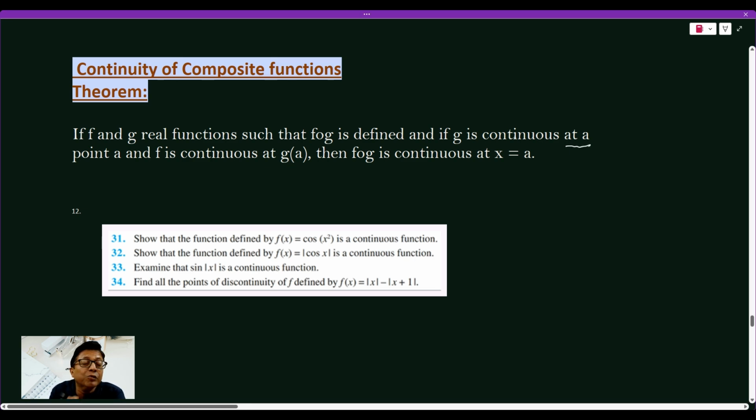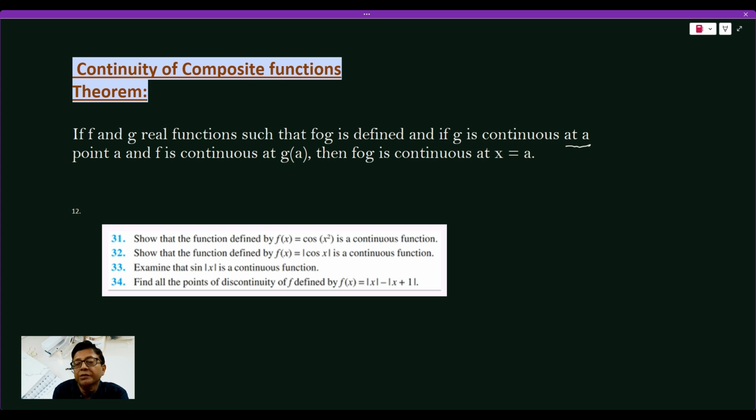This I have mentioned so many times in today's session: a function is continuous in its domain of definition, always. At a point a, and f is continuous at g(a), then f compose g is continuous at x equal to a. So in simple words, if there are two continuous functions, their composition is also continuous.